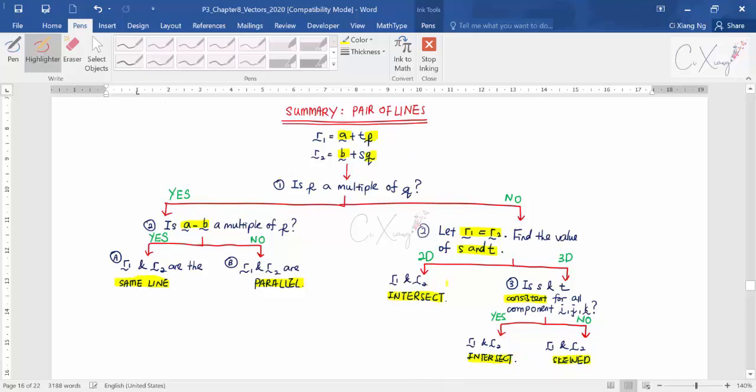So this is generally a summary for you to double check and go through when you want to determine the relationship between a pair of lines.